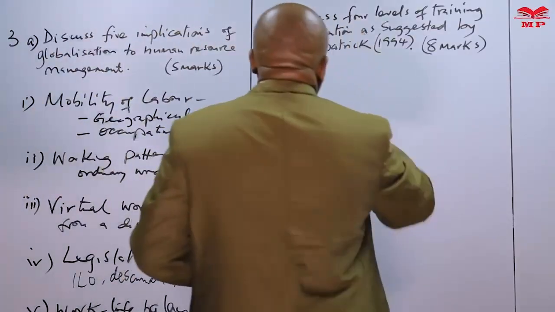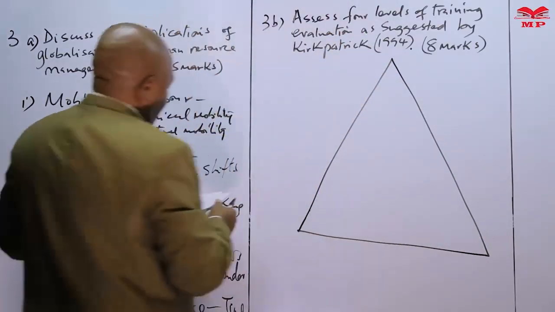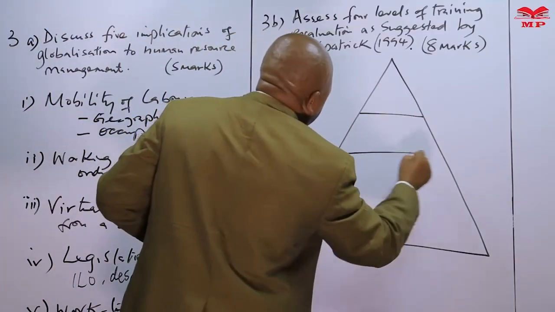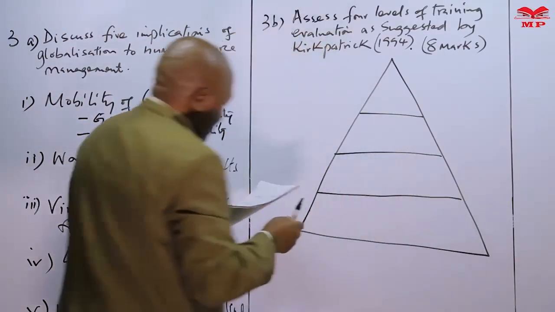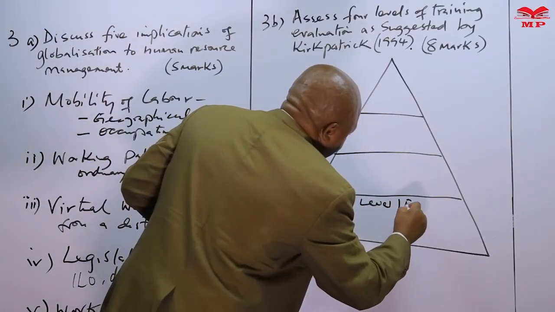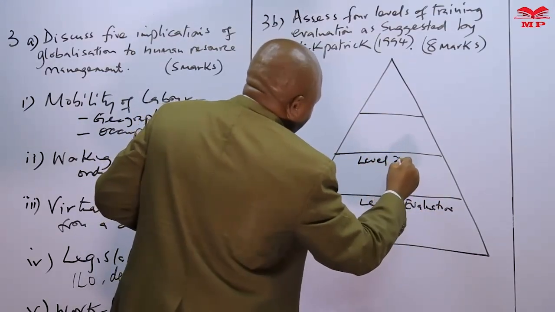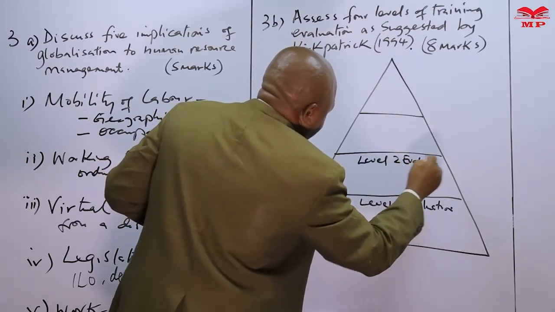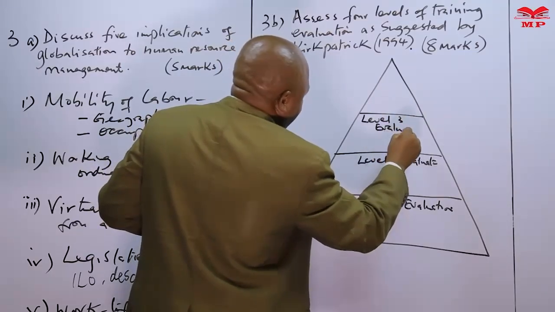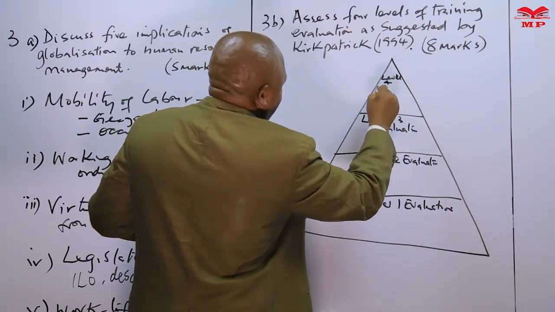So these evaluation levels by Kirkpatrick. Kirkpatrick suggested that there could be 4 levels of evaluating training: level 1 evaluation, level 2 evaluation, level 3 evaluation, and level 4 evaluation.